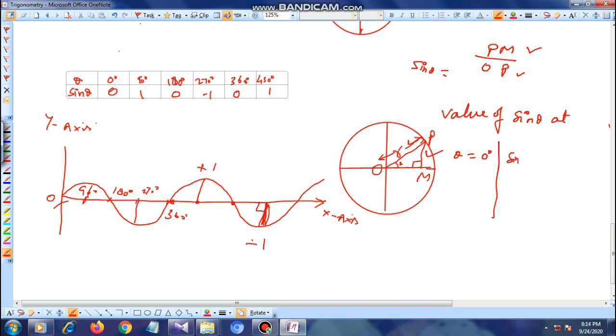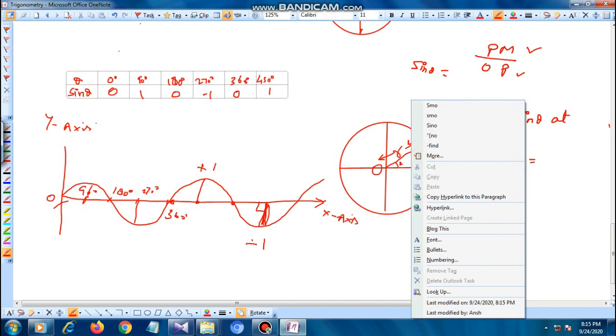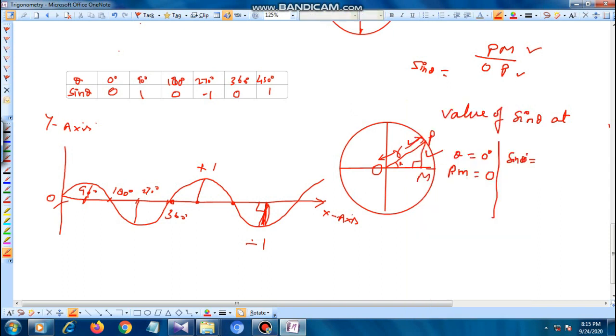Then sin 0 degree: when theta equals 0 degree, PM will be 0, the perpendicular will become 0, then sin 0 degree equals 0 upon OP, so it will become 0.